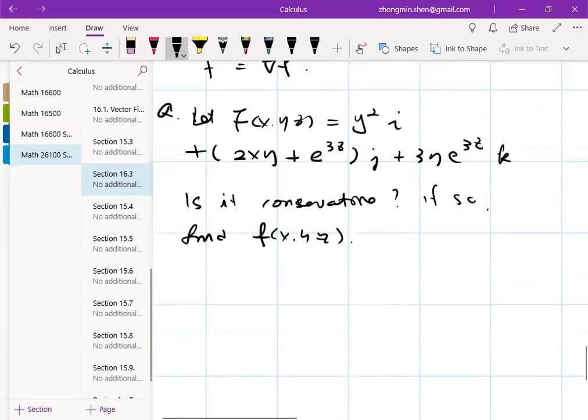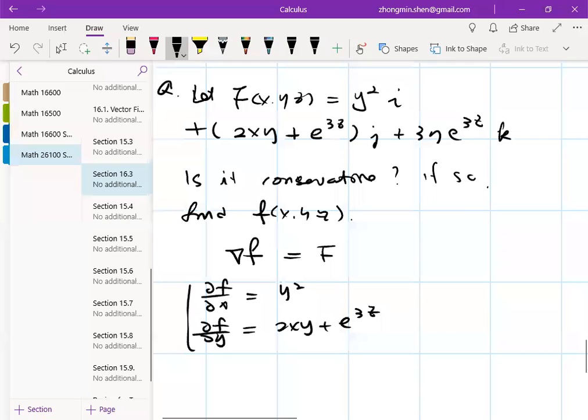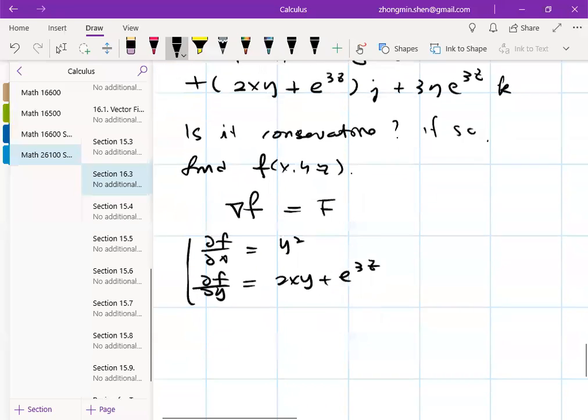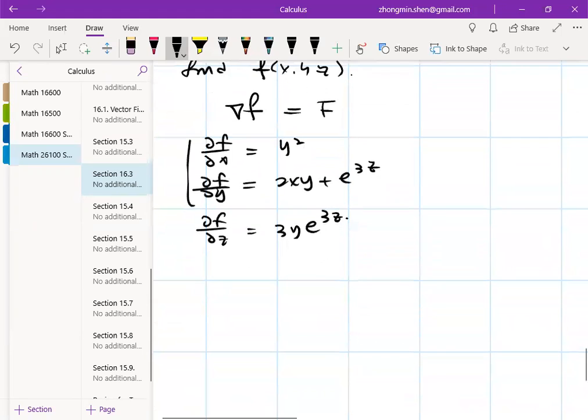We assume the gradient of f equals F, right? So that means you have the following partial differential equations: y squared, 2xy, 3z, and then you have this. So you have to solve this equation.